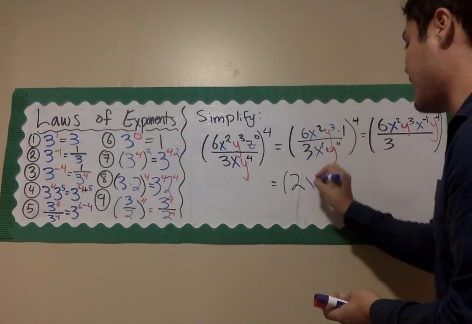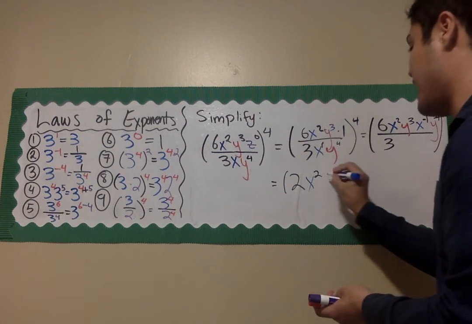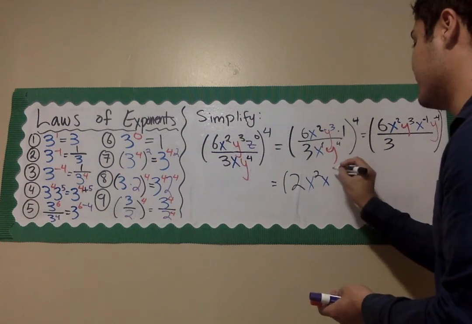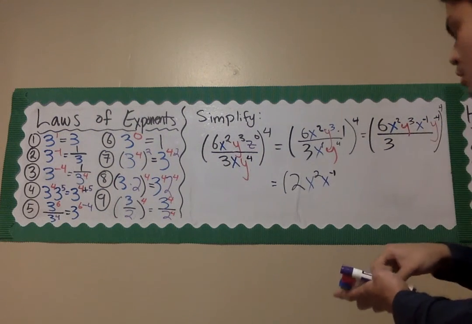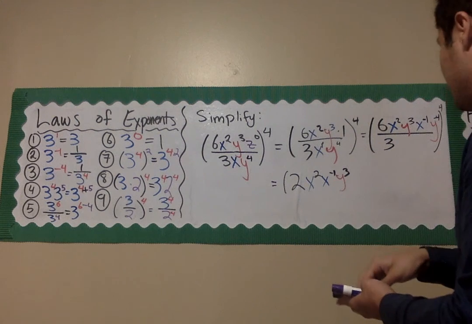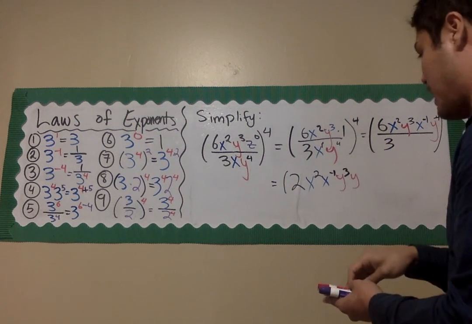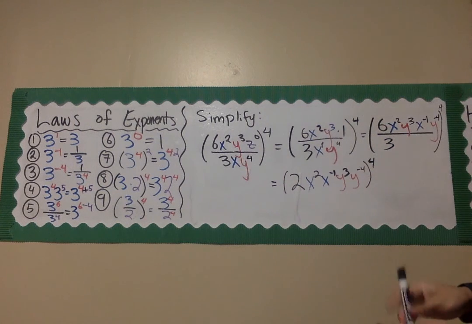So we have an x to the power of 2, and we also have an x to the power of negative 1. I'm going to do the same thing with the y's: y to the power of 3 times y to the power of negative 4. Close parentheses. Remember to keep the power of 4 outside the parentheses.